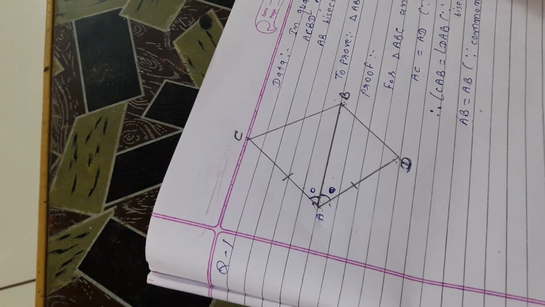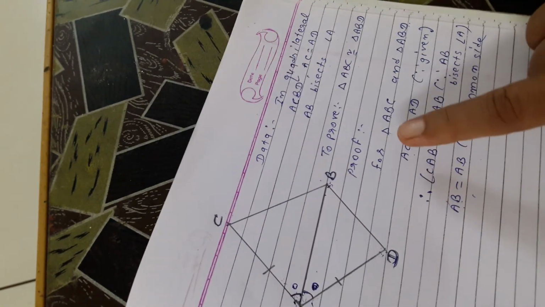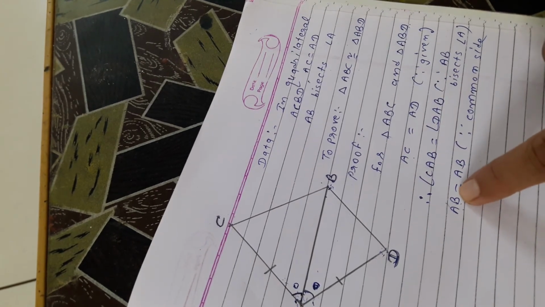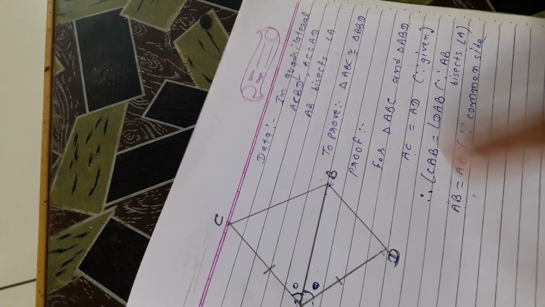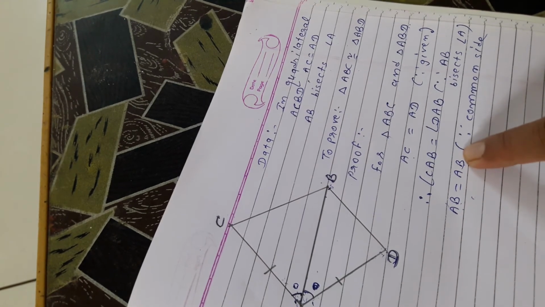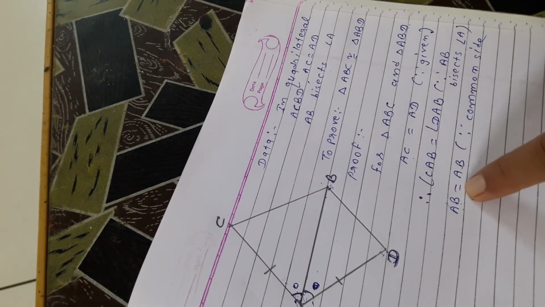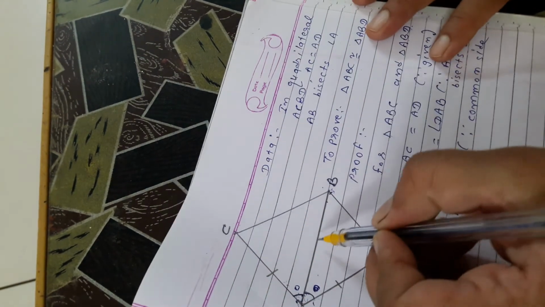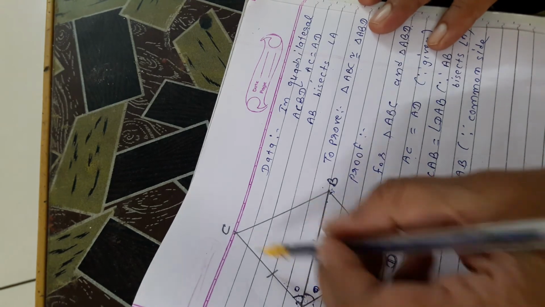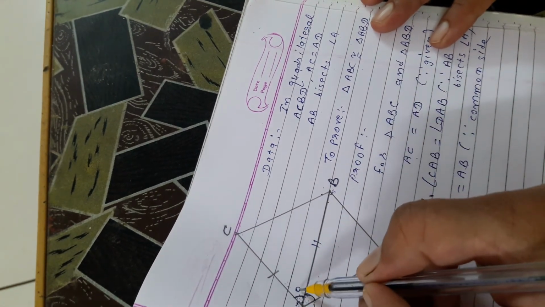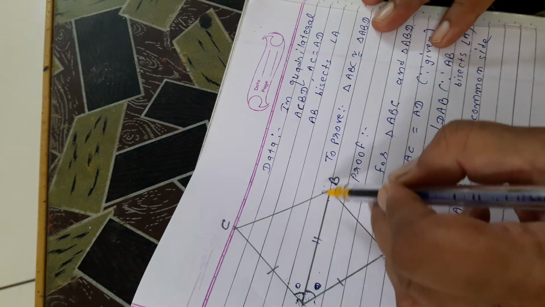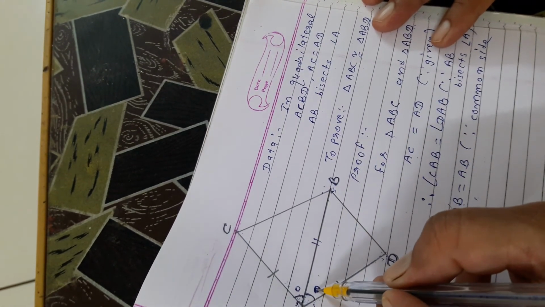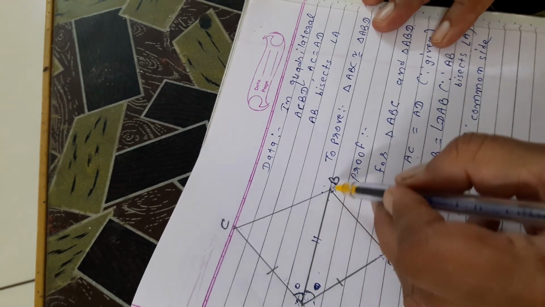So here we can see that two pairs of corresponding sides are same. One pair AC equal to AD, another pair AB equal to AB. And the included angle: angle CAB is the included angle of CA and AB, and angle DAB is the included angle of AD and AB.